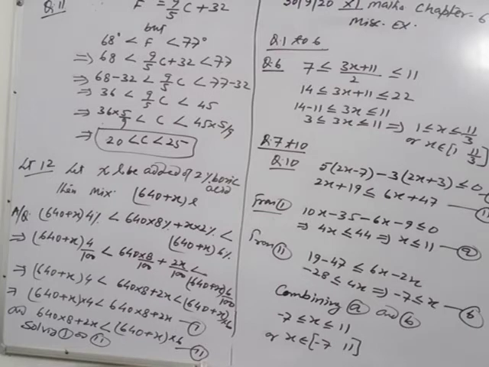Now see one more question, question number 12. Here the question is: a solution of 8% boric acid is to be diluted by adding 2% boric acid solution. The resulting mixture is to be more than 4% but less than 6%.